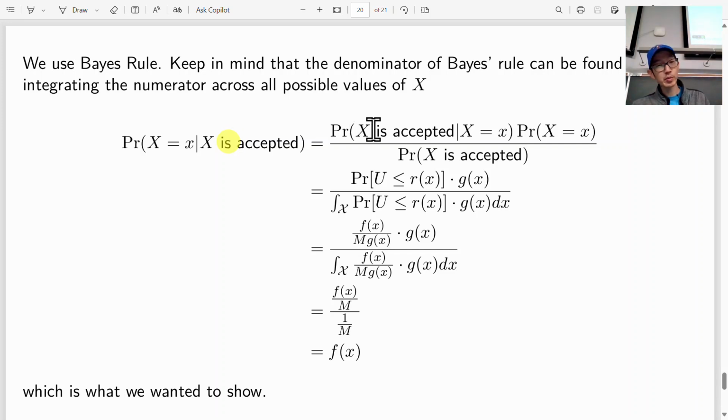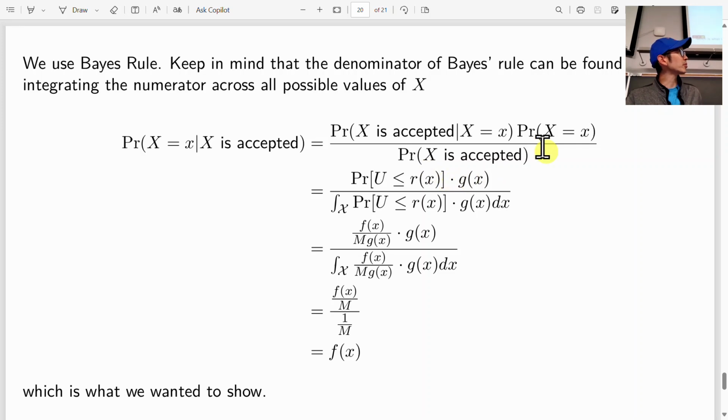So this is going to be the probability that X is accepted given that we've generated a particular value of X, okay? And we have to multiply that by the prior probability of just generating that value of X, and then we will divide by the probability that X is accepted. So this is just applying Bayes' rule here.